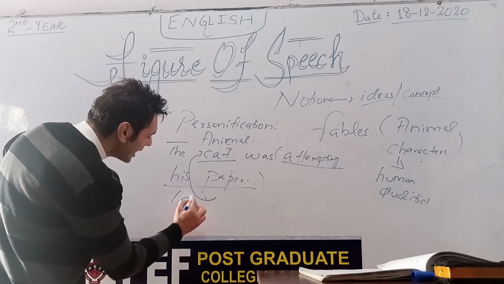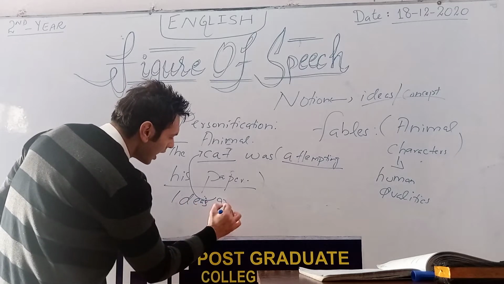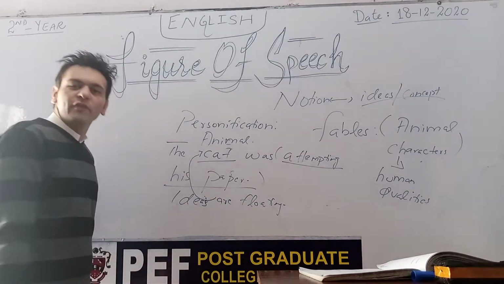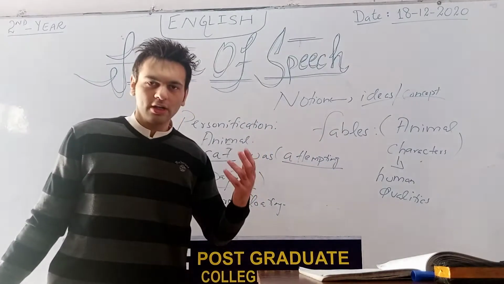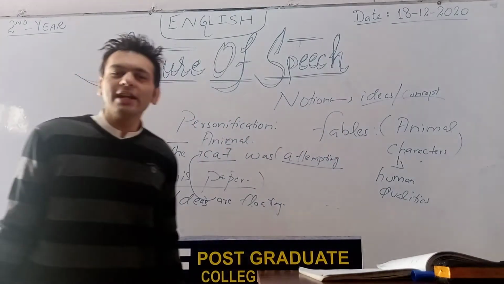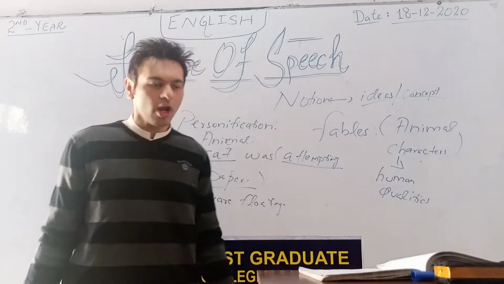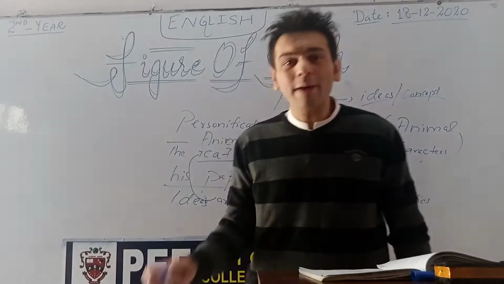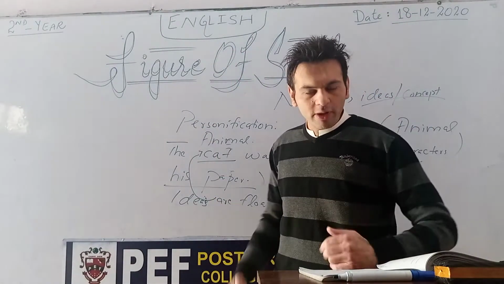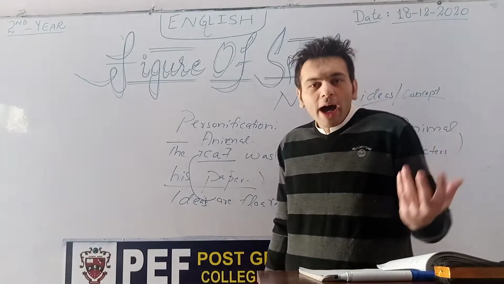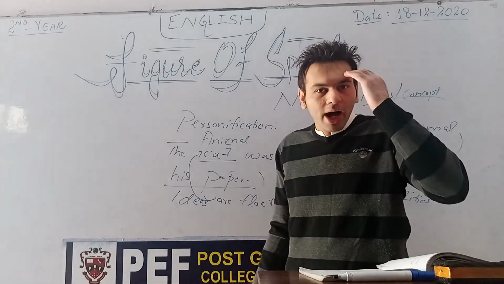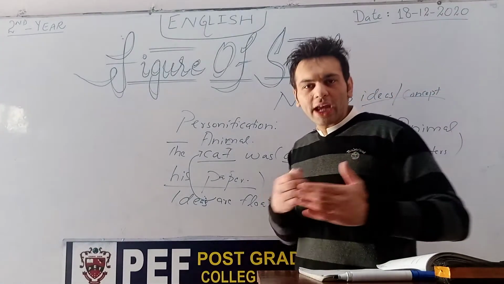हम कहते हैं ना, ideas are floating. ये भी personification है. How can an idea float? But it is a form of personification. मैं कहता हूँ ना, my ideas are quite angry at me, or my ideas are upset with me. मैं ये भी कह सकता हूँ, my mind is upset with me. मेरा दिमाग मुझसे खफा है. अब दिमाग मुझसे कैसे खफा हो सकता है? लेकिन मैं एक्सप्रेस क्या कर रहा हूँ? मैं ये कर रहा हूँ कि मेरा दिमाग काम नहीं कर रहा. तो मैं क्या बात कर रहा हूँ?